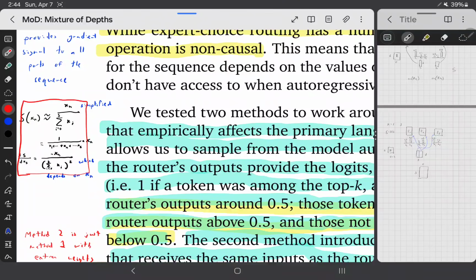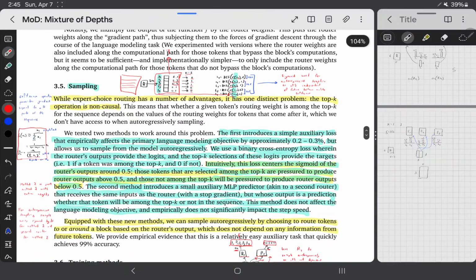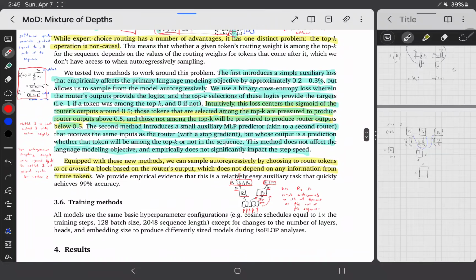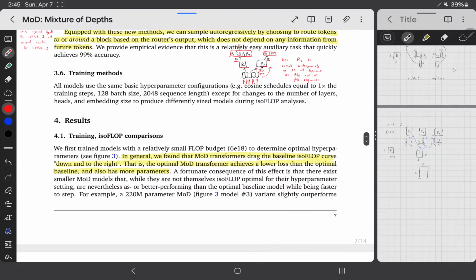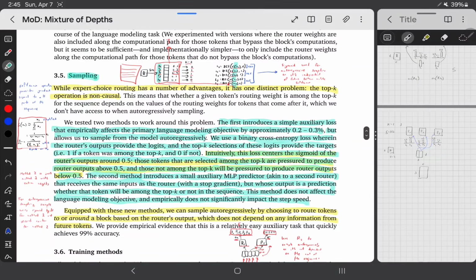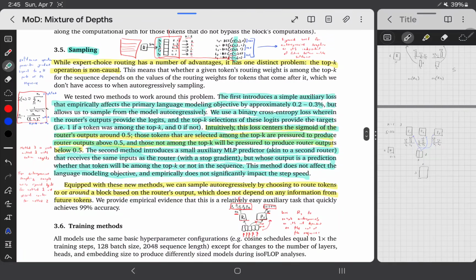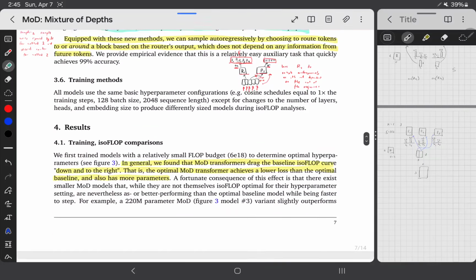I think you're still training the model bidirectionally because the softmax distribution sends gradient signal to all the tokens. And I don't think they solved that in this paper. I could be wrong, but I don't think they do. I think that may be a problem, but I'm not sure. So anyways, this sampling was interesting to make it causal.